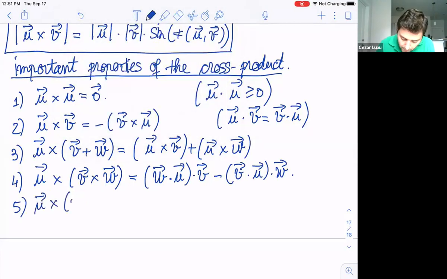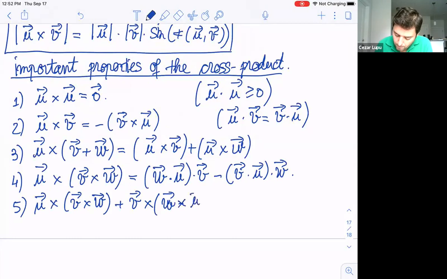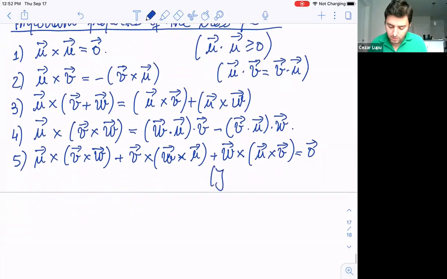Now if I add V cross W cross U, and if I add this with W cross U cross V, this will always give me the zero vector. And this is what we call the Jacobi identity. In fact, this is much more general than this.